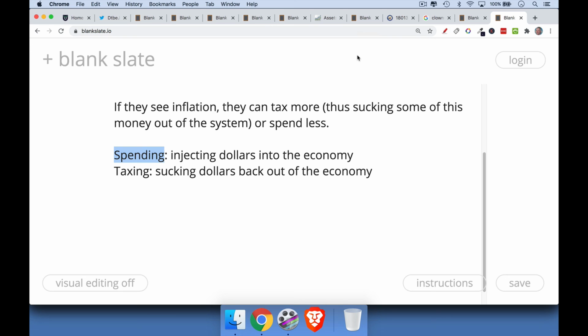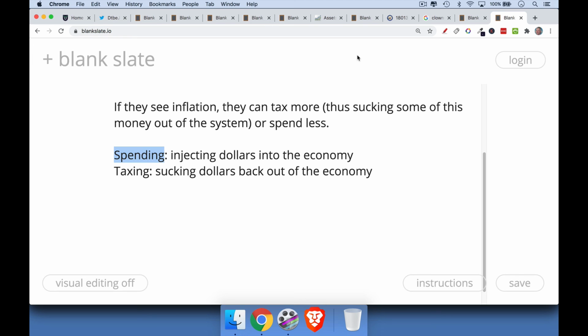Now, if you've been living in the real world for a while, you know that government spending very, very rarely, essentially never goes down. And taxes are very, very unpopular, especially in the U.S. And so there's a real idea here that MMT will be extremely inflationary.